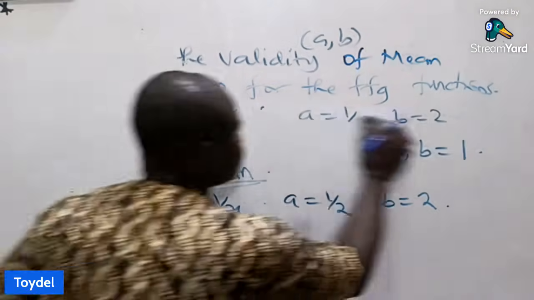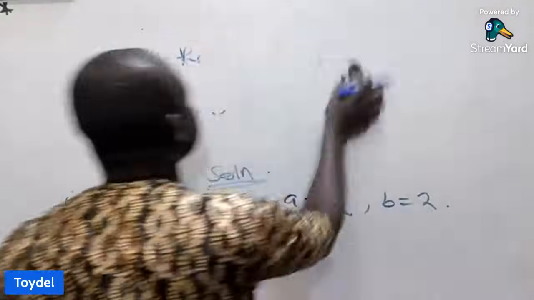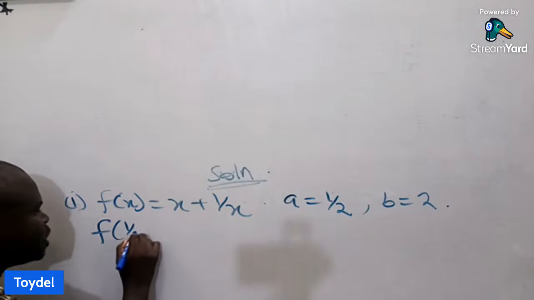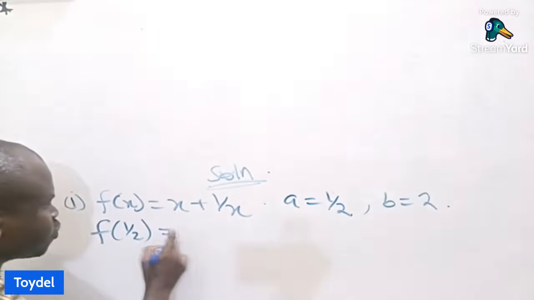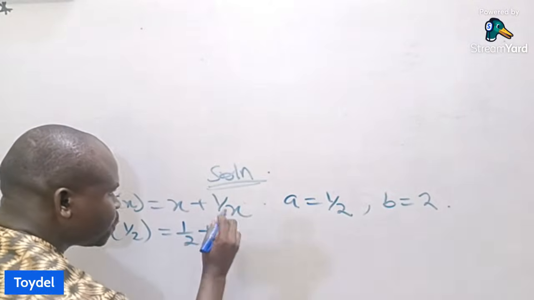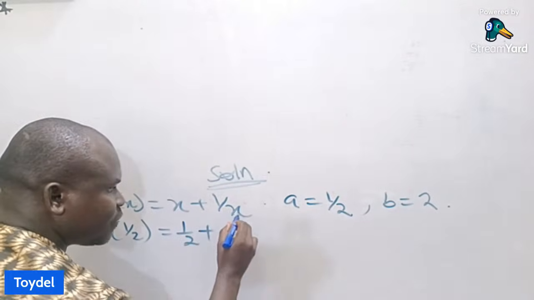So what do we do? We want to verify mean value theorem on this function. So we are going to find f of a and f of b. Here, f of half, which is a, is half, will be equal to, wherever you see x, you change to half. That will be half plus 1 divided by half, that will be 2.